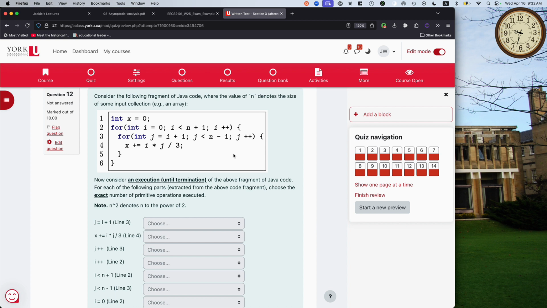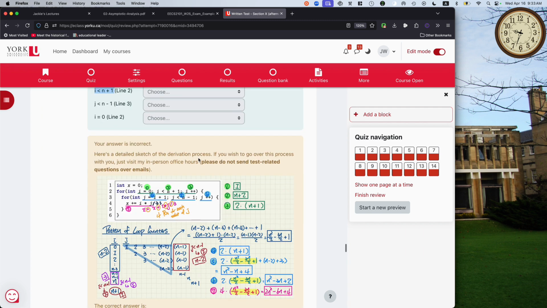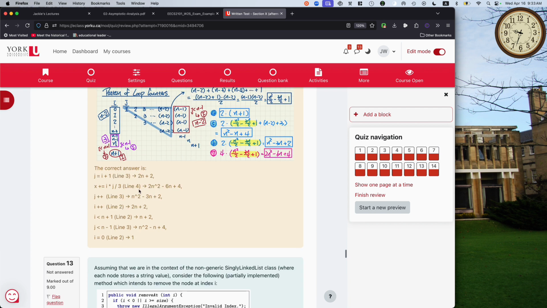Could you explain how you got n plus two? Let's see here, is i less than n plus 1 over here, right? Yes. Okay, so let me see this one here. And less than, okay, that was n plus 2.